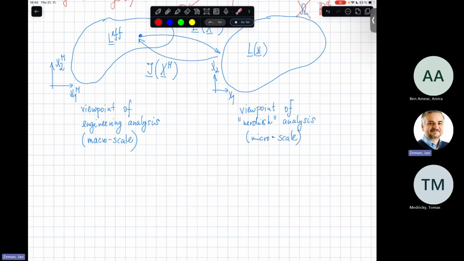Okay, so I was talking a lot about the micro-scale problem in very different contexts. I'm not so cruel as to repeat it over, so I will briefly comment on what this macro-scale problem looks like.